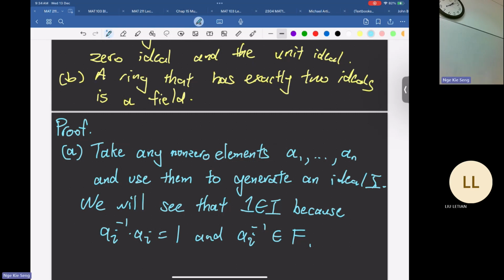Should I go on? Okay. If you don't understand this step, you're not familiar with the definition, so I have to recall it. So you need to ask so that I know what definition you're not familiar with.